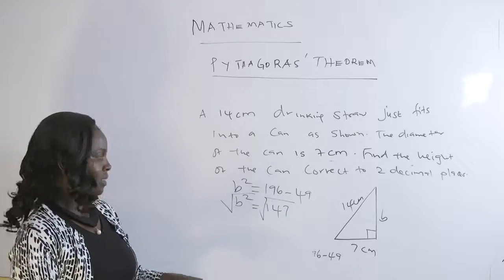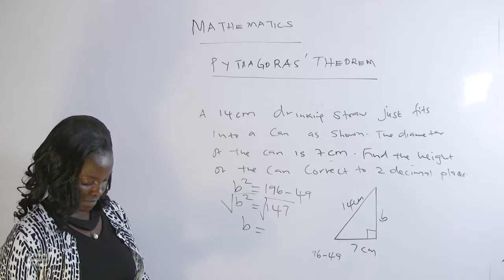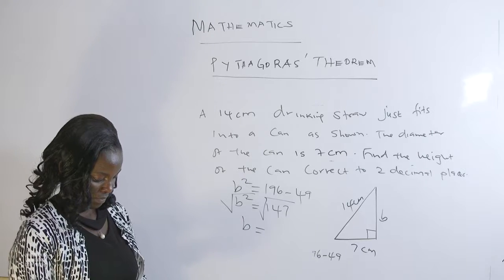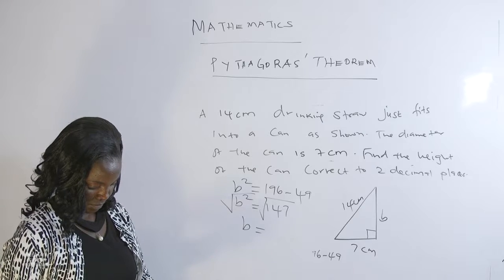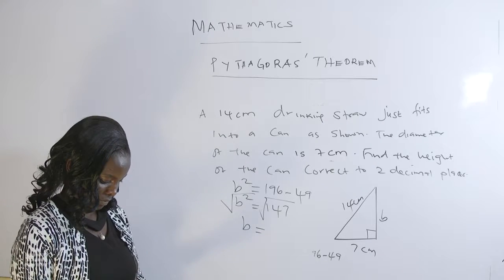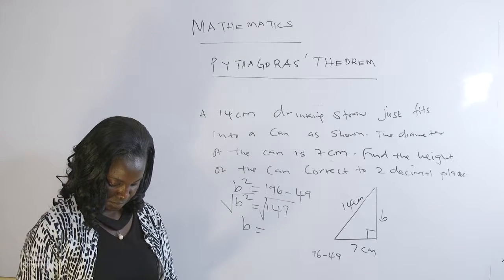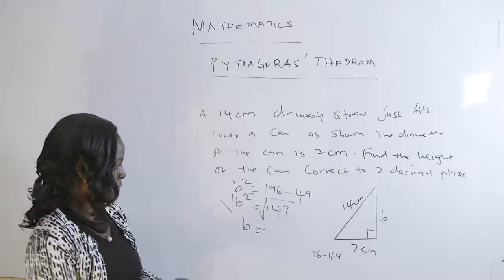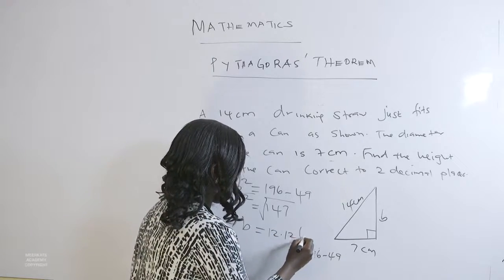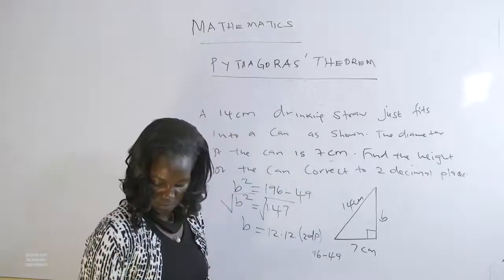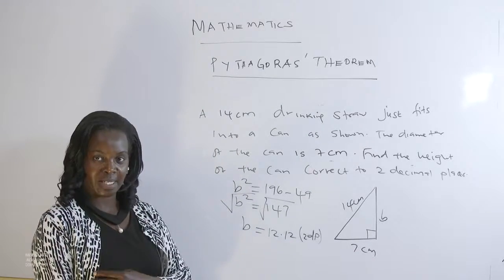And the square root, we take on both sides. So the square root of 147 is 12.12 to 2 decimal places.